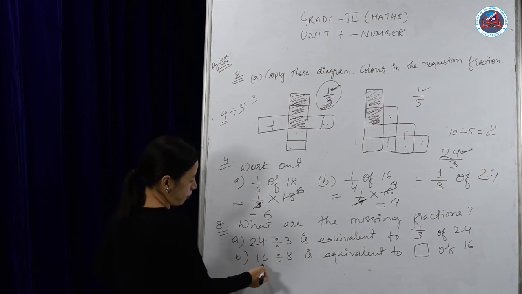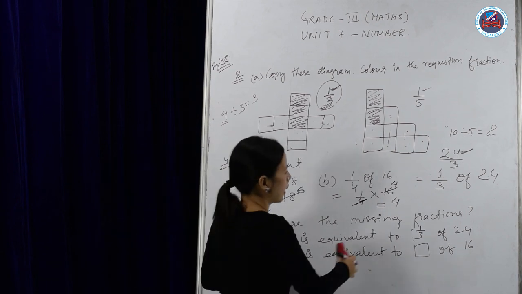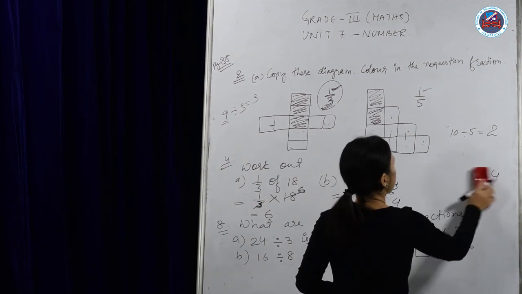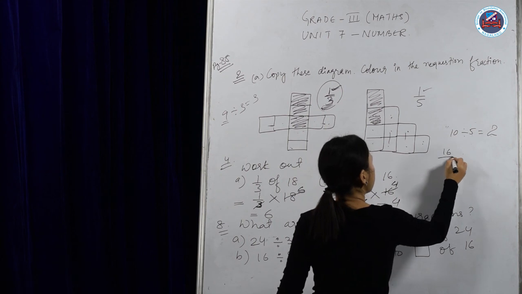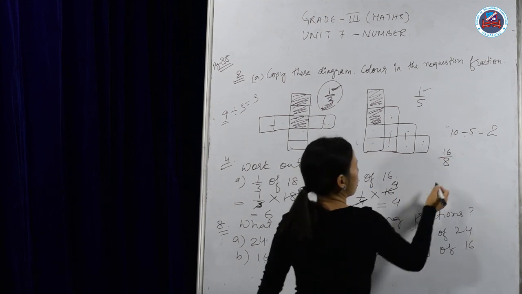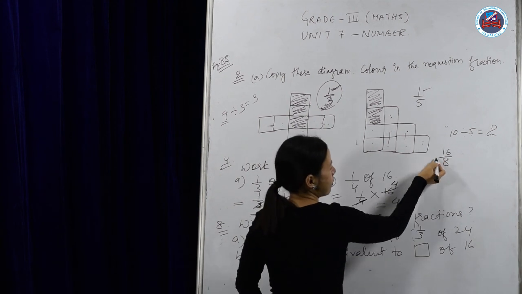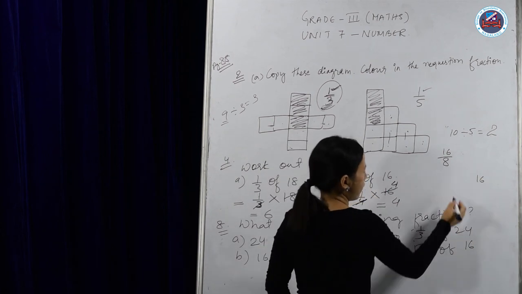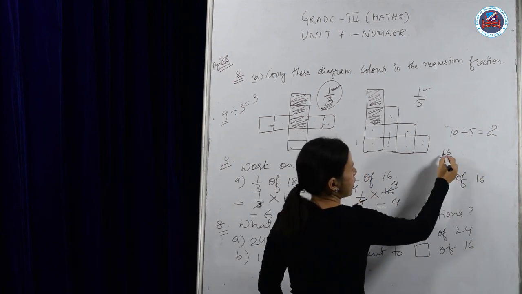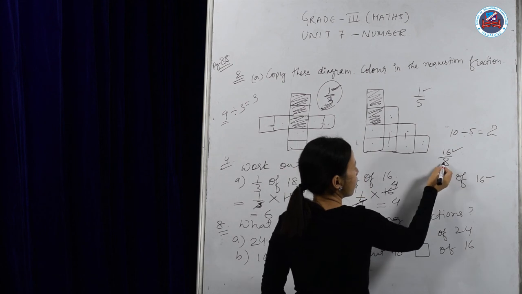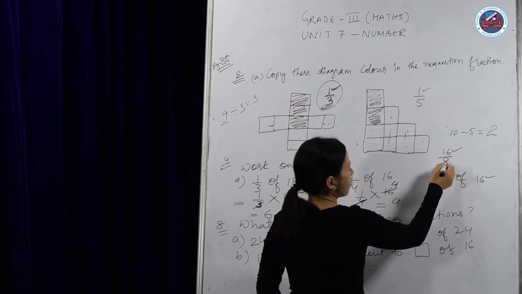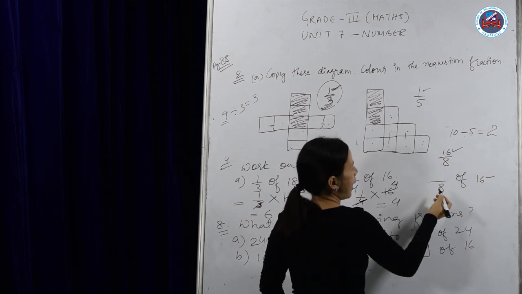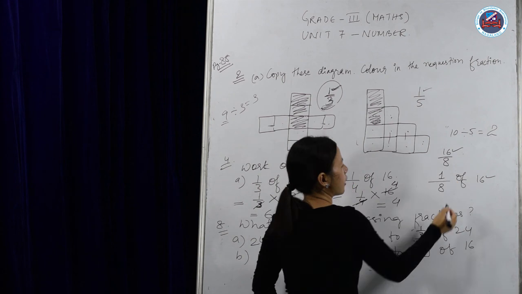Now what about here? It says 16 divided by 8. So let's write it as a fraction like this, 16 divided by 8, and then here is given dash of 16. So 16 is already written here. What we need to write here is, we are left with 8, and then the top number is not there, so we write it as 1.